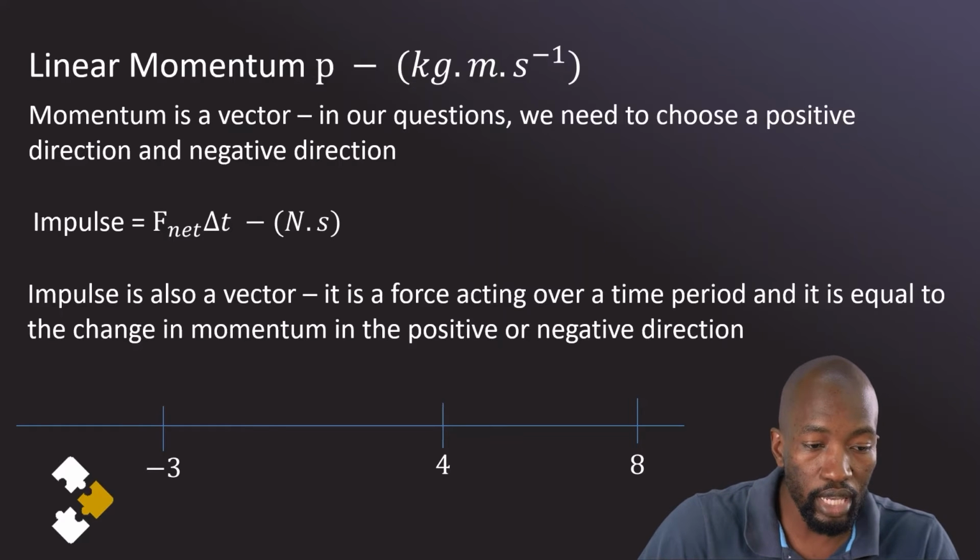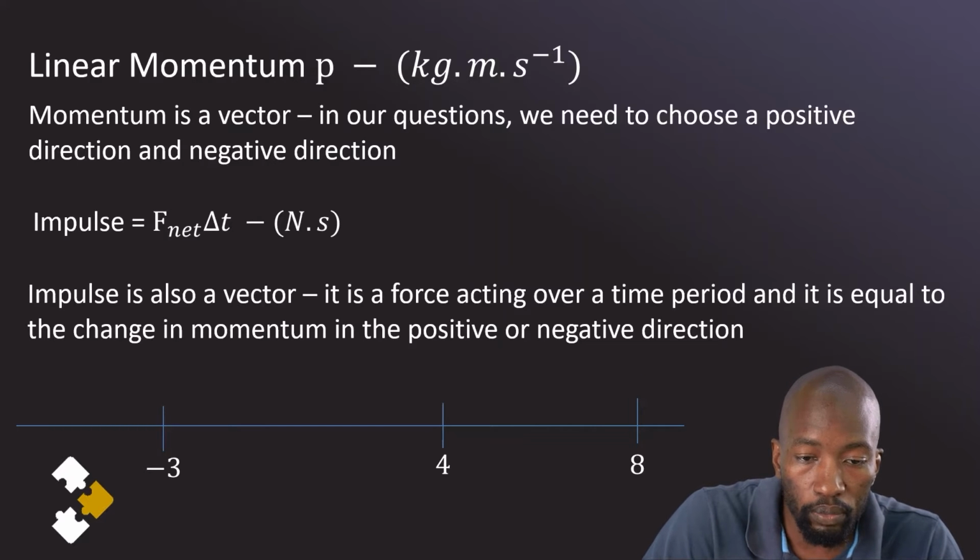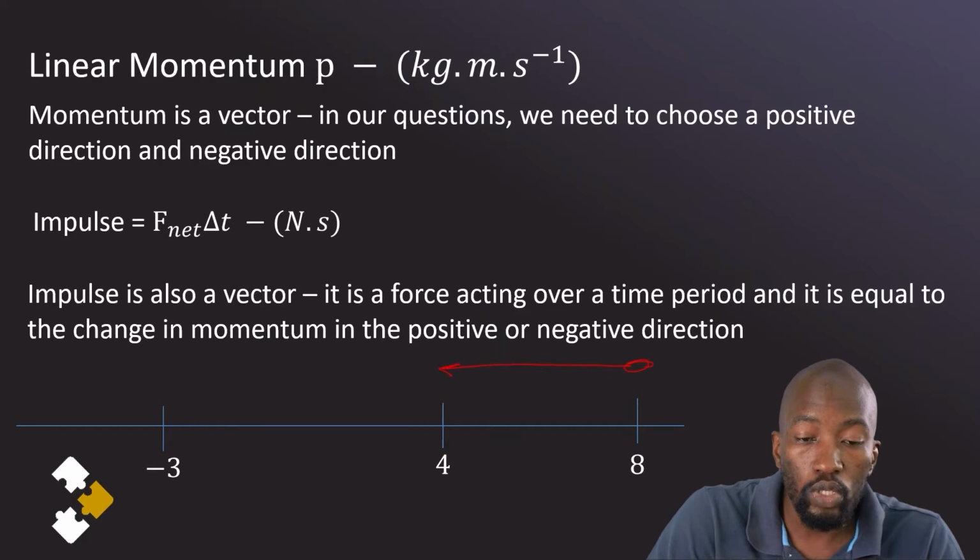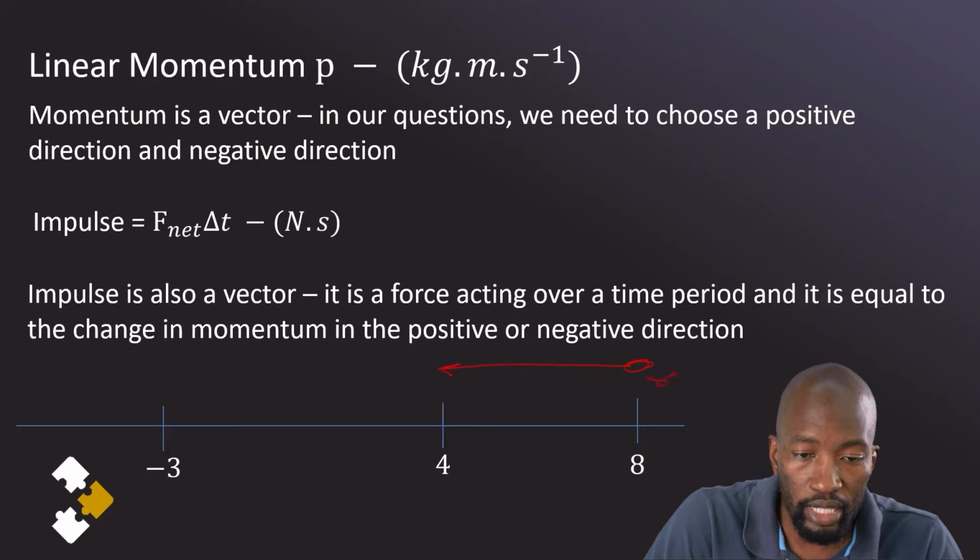So let's say we are an object here, and we are going to the left. Let's quickly do that. This is where we are, and we go to the left. We stop at 4. So our momentum here is 8 when we start, and when we end, our momentum is 4. The change in momentum would be the final minus the initial, and that will leave us with minus 4 kilogram meter per second.